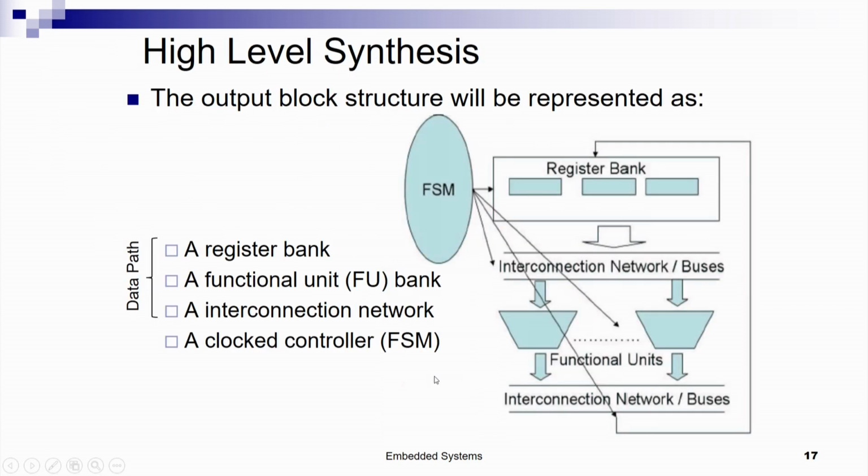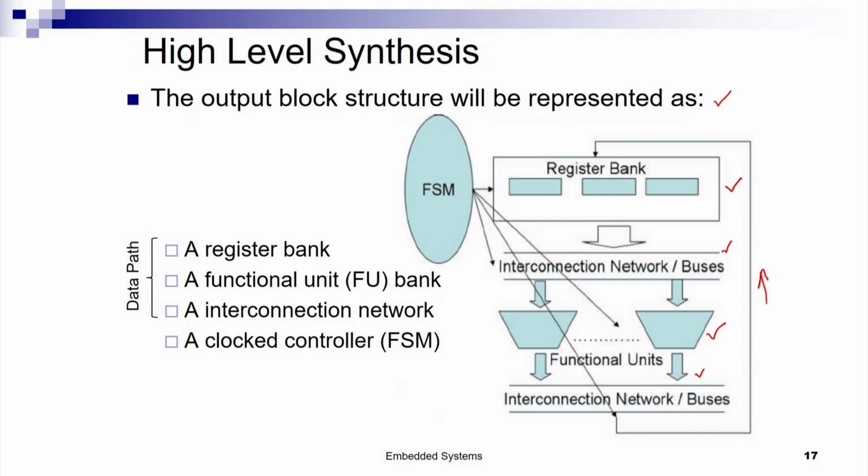Now what is the output? So the input was a specification like that, and what do we get as output at the RTL level? The output is a block structure in which we have a set of register banks containing data, and the data in the register banks are transferred to a set of functional units through an interconnection network of buses, and the outputs of the functional units are further transferred back to the register banks.